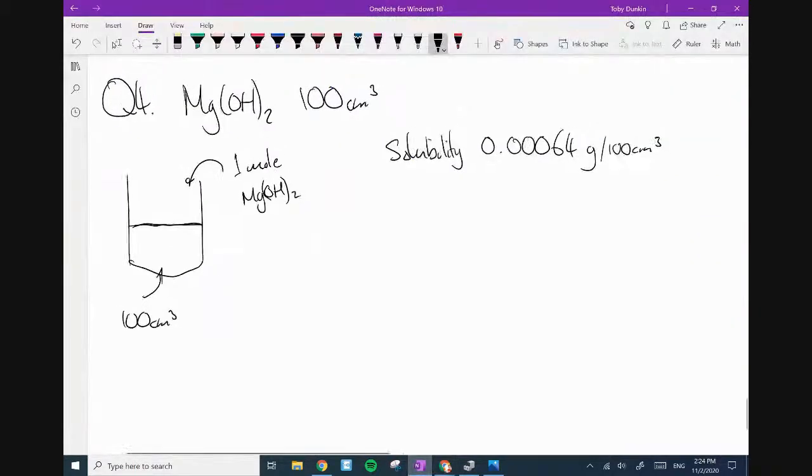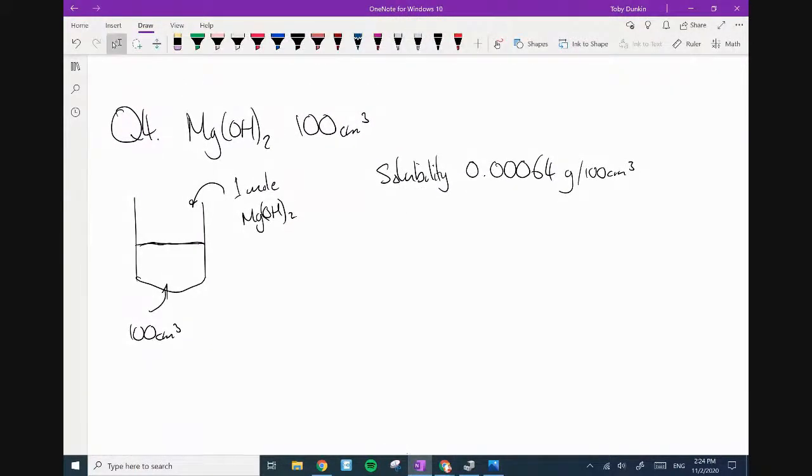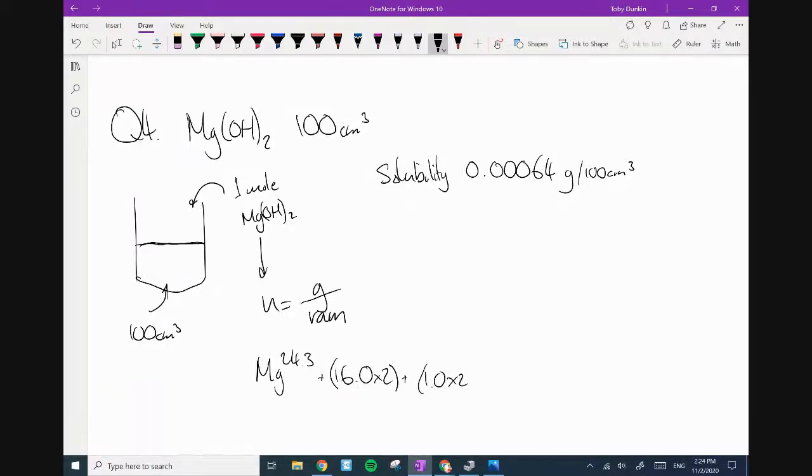Okay. How much is 1 mole again? Number of moles is grams over Mr. What's magnesium hydroxide weigh? Magnesium is 24.3 plus 16.0 times 2 plus 1.0 times 2 as well. Total number: 24.3 plus 16 plus 16 plus 1 plus 1.